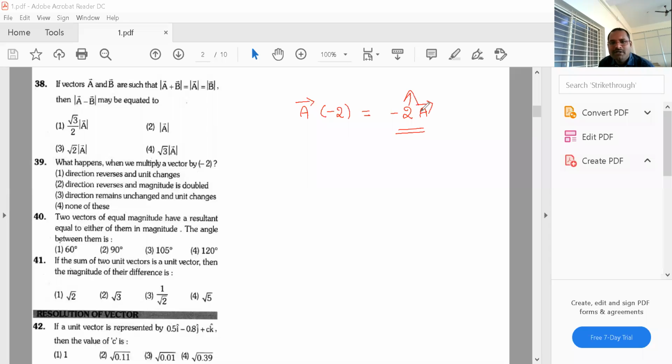Magnitude is double, whereas this minus indicates its direction has reversed. Means initially when the vector is like this, when you multiply with minus 2, the vector becomes like this. Magnitude becomes double and direction changes. So direction reverse and magnitude double. This is the answer. Next, question number 40.